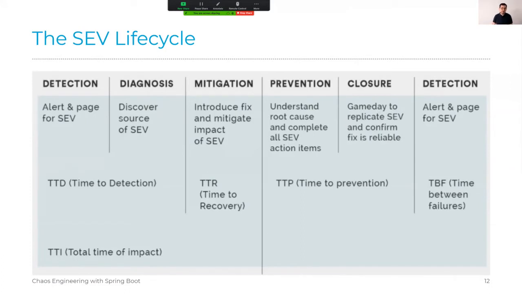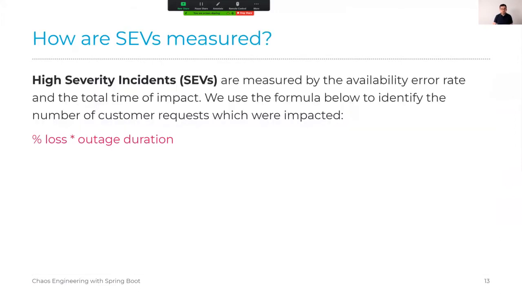And probably in a bigger enterprise, people are doing it like this, calculating numbers. And what you could do is calculate the numbers, because one calculation could be the percentage of loss of requests, and then multiplied by the time of the outage.